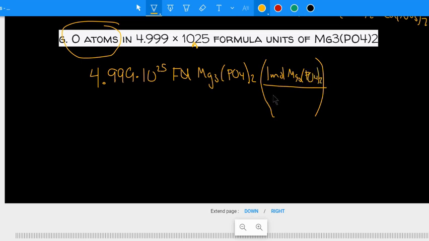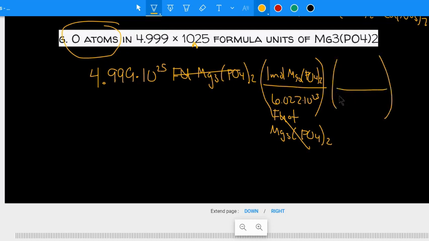phosphate, I have 6.022 times 10 to the 23rd formula units of magnesium phosphate. It's still an ionic compound overall. So I'm out of formula units, and I know if I have 1 mole of magnesium phosphate, there's 4 oxygens times 2, so 8 oxygen.